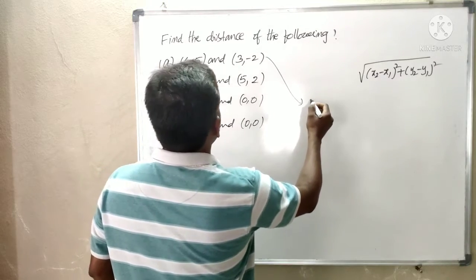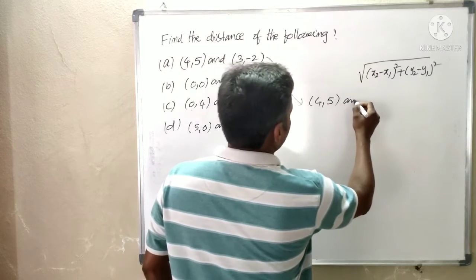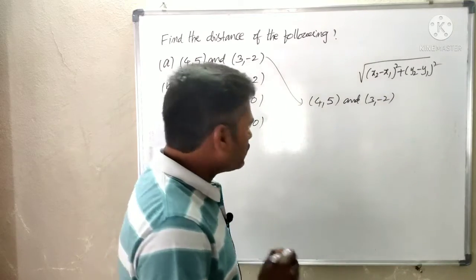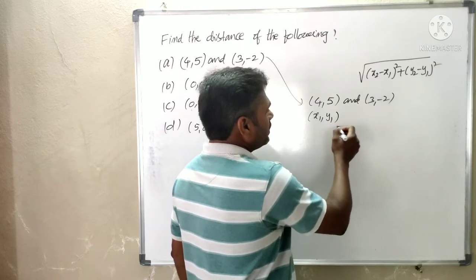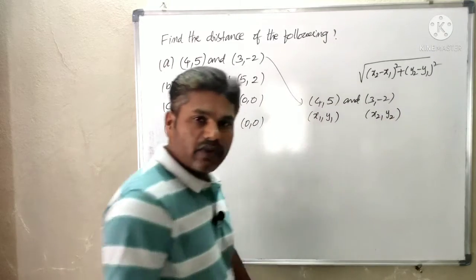See, in the first problem, the given points are (4, 5) and (3, minus 2). In this, I am assuming the coordinates of the first point as x1, y1 and the coordinates of the second point as x2, y2.